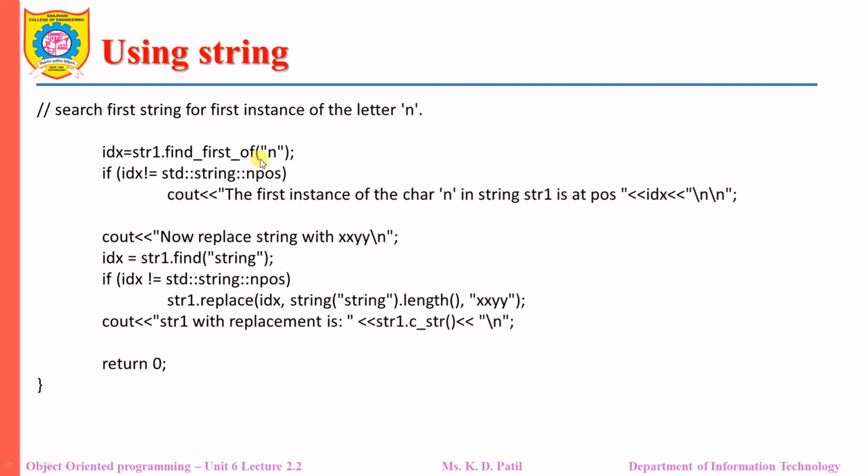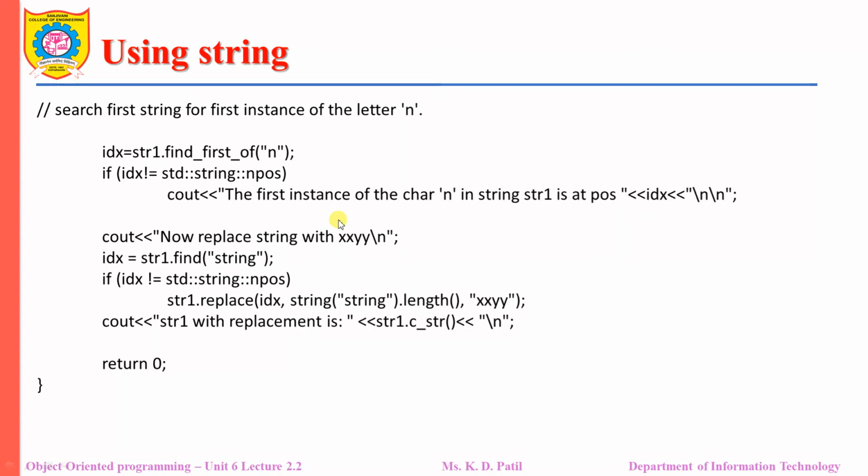Now if I want to search the first instance of the letter N, then I can simply use, from that string 1, the statement str1.find_first_of, with the character passed as an argument, and the logic is the same. If the position is not equal to npos, then of course that respective substring is available. The first instance of the character N in string 1 will be searched and the position will be displayed.